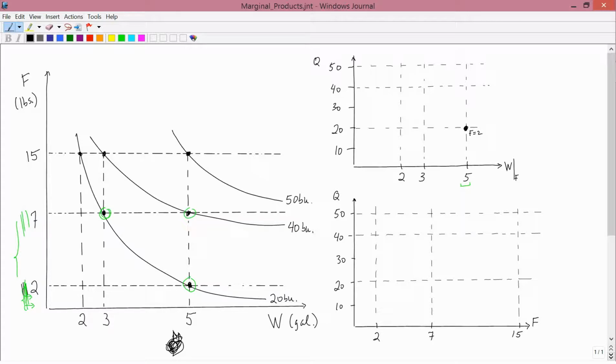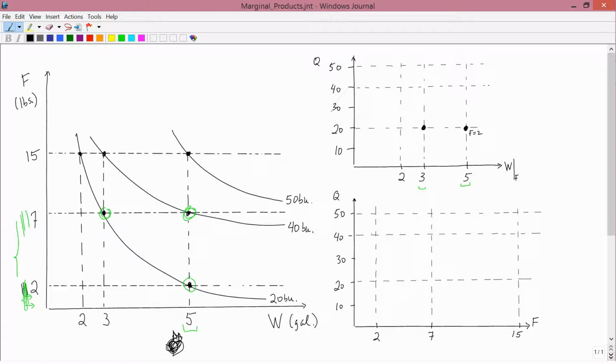So 3 gallons of water is here, and that produces 20 bushels of corn. And then at W equals 5 gallons, we're at this point, and we can produce 40 bushels of corn.